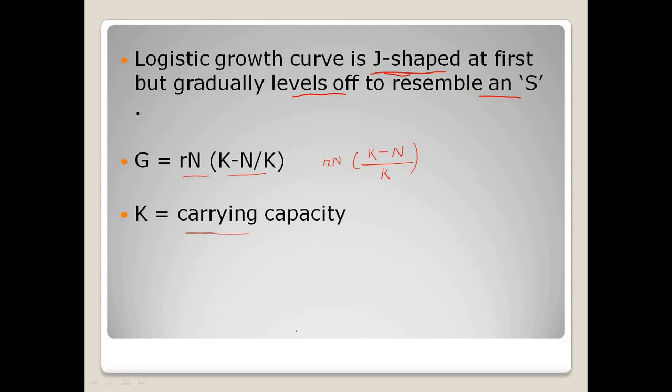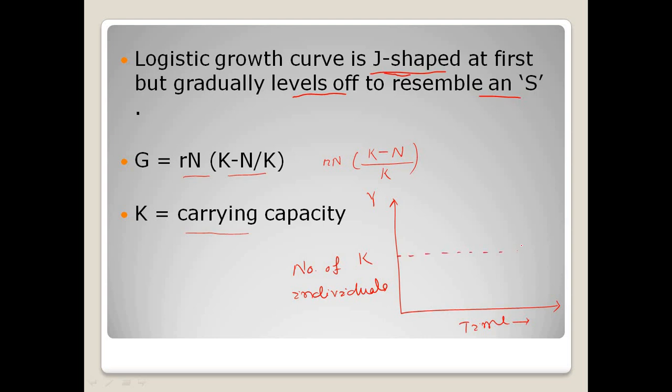So if we plot a graph here, K is on the y-axis, that is the carrying capacity, and this is time. The y-axis is the number of individuals.